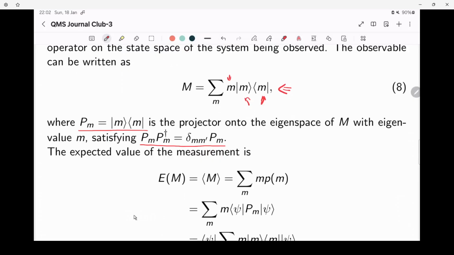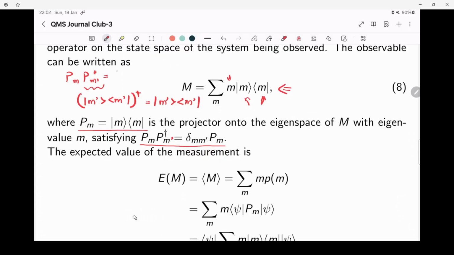It's not that difficult to see because, I think this should be m prime. Yep, I think there's a typo. So it's not that difficult to see because for Pm prime dagger, this is equivalent to m prime, and then you perform the dagger operation. It gives you back m prime, m prime.